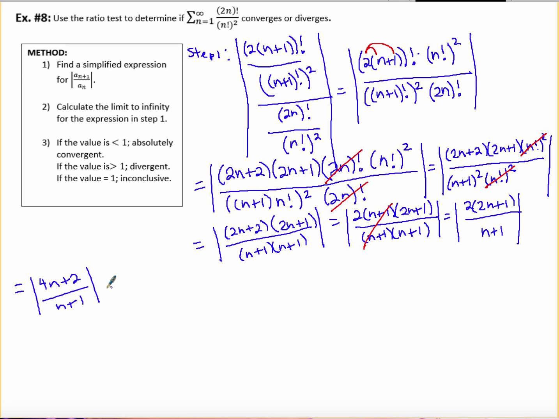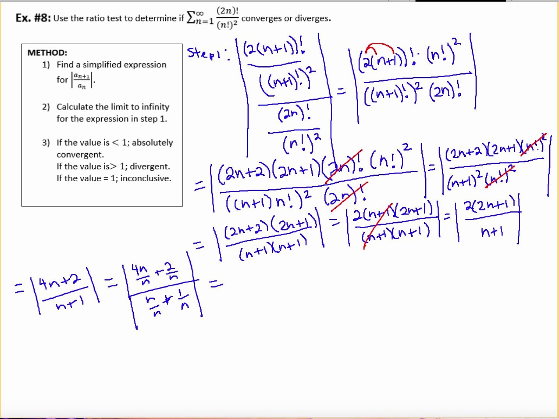And you know what? I think I'm ready for a dividing by n party. My highest power of n is a first power. So if I divide every single term by n, I'm going to be able to take a limit easily. So this is going to be 4n divided by n plus 2 divided by n, divided by n divided by n plus 1 divided by n. It is a dividing by n party.